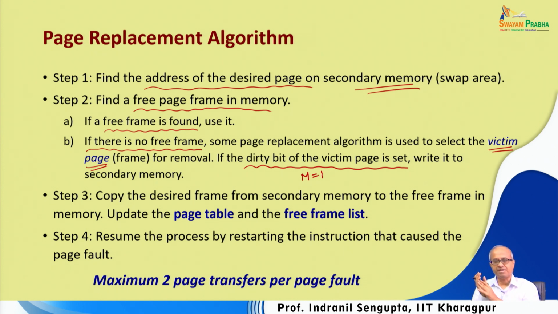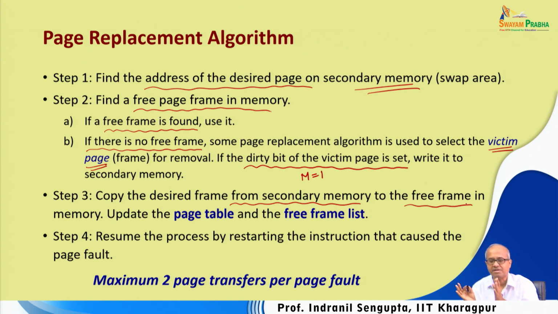So, after you have done that, you have created space for the new page which is to be swapped in. So, now you copy the desired frame from secondary memory to the free frame you have created, either the free frame was existing or you have taken out a victim page.